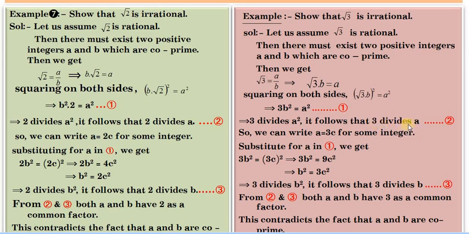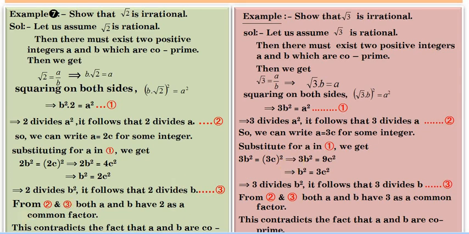So whenever a is divisible by 3, that means a can be written as 3 into c, where c is some integer. Now you substitute in 1 the value of a as 3c. Then what happens? 3 into b square is equal to, in place of a write 3c, there is 3c whole square.